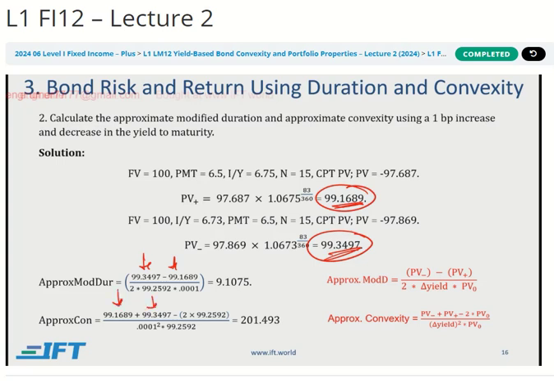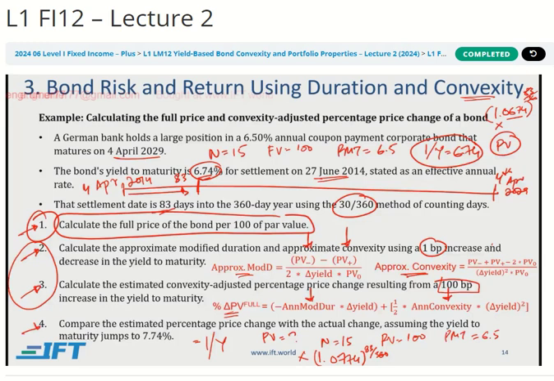Now if your calculation was wrong, maybe because you didn't do the second step, you can now go back to the question using these two, approximate modified duration and approximate convexity.